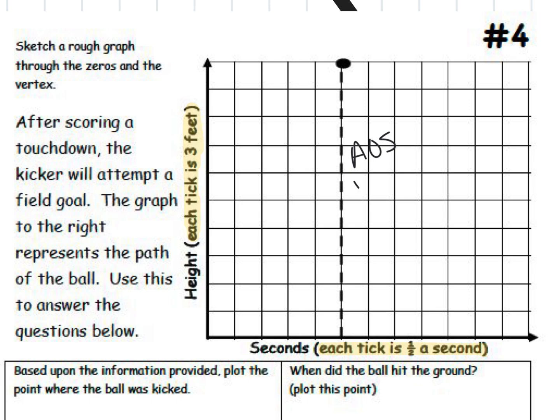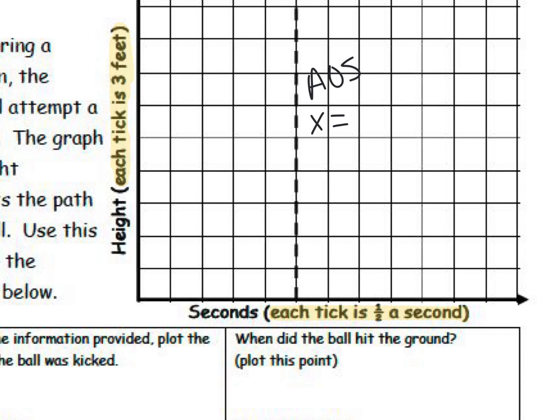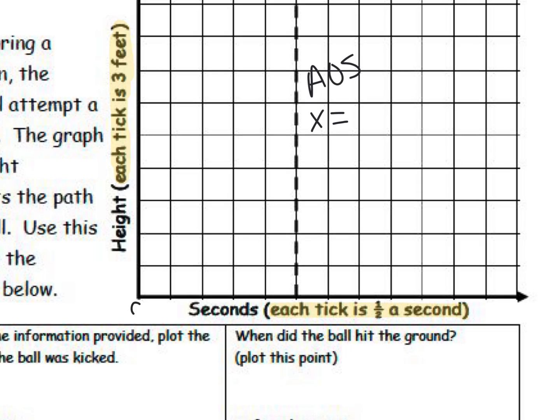If I had to write an equation for this axis of symmetry, I need to first make sure I pay attention to my scale. So x equals what? If we're counting by every half, this is 1, this is 2. It's going to be 2.5 because it's between 2 and 3. If you wanted, you could go ahead and label the rest of your graph.